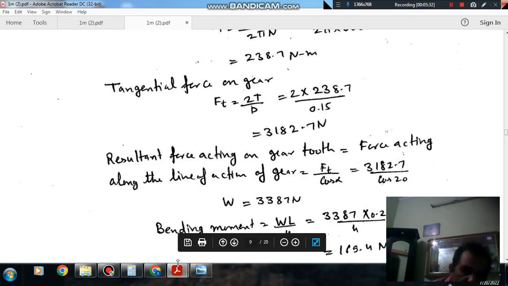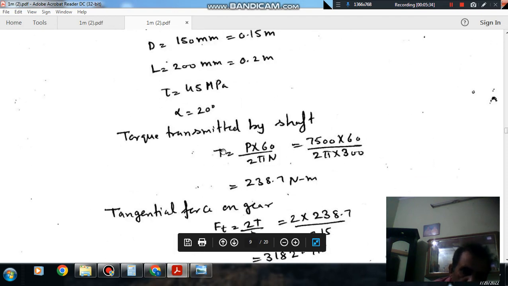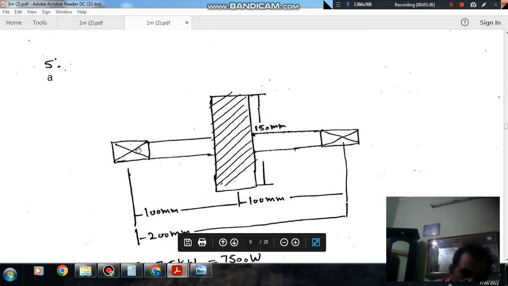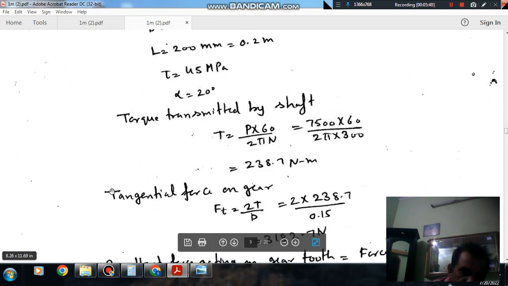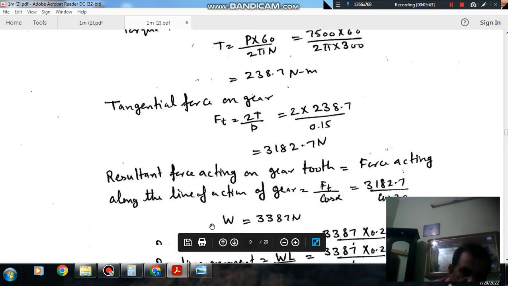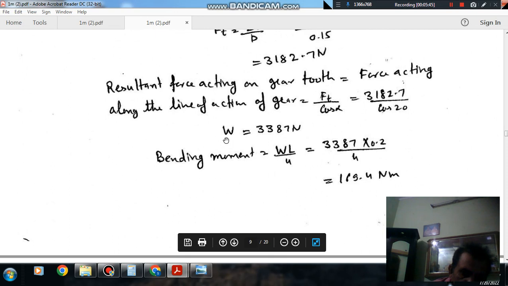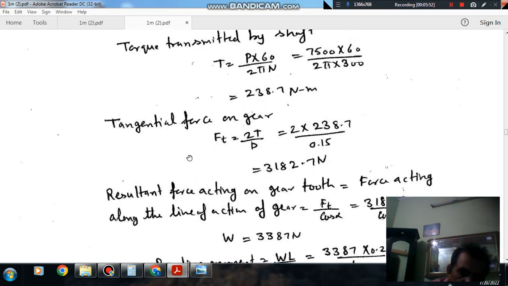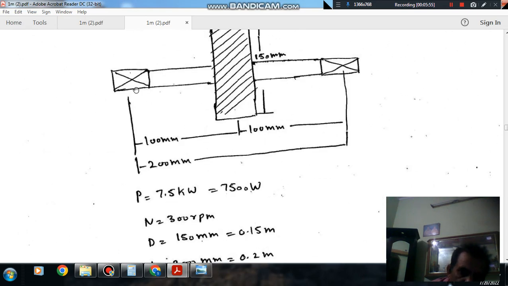So that W will act on this gear and will cause bending of the shaft, as this load is acting along the line of action of the gear. It can be assumed as a simply supported shaft with a point load at the midpoint.